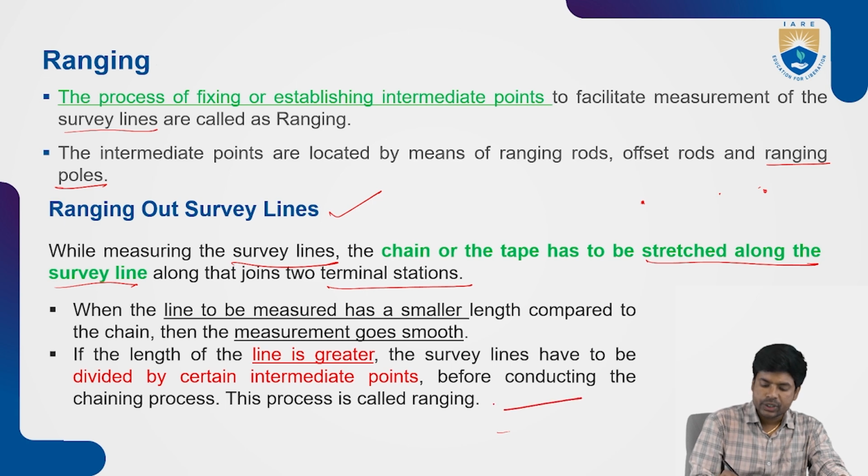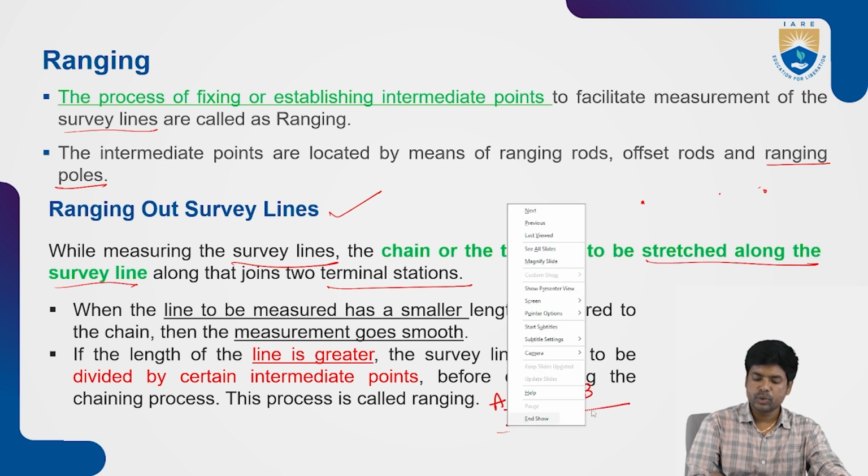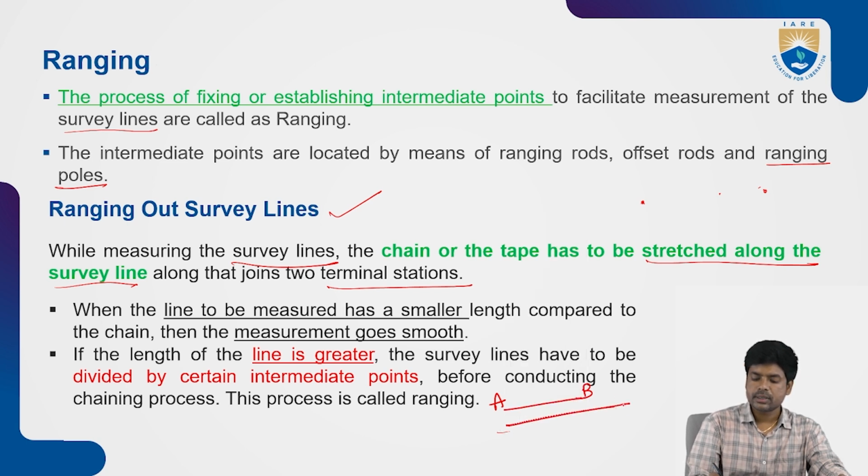Suppose this is the line you want to measure, and we have a chain length of more than this line. Assume this as a chain. Now if the length to be measured is very small compared to the length of the chain, then it is very easy, and within one action we can complete the measurement.